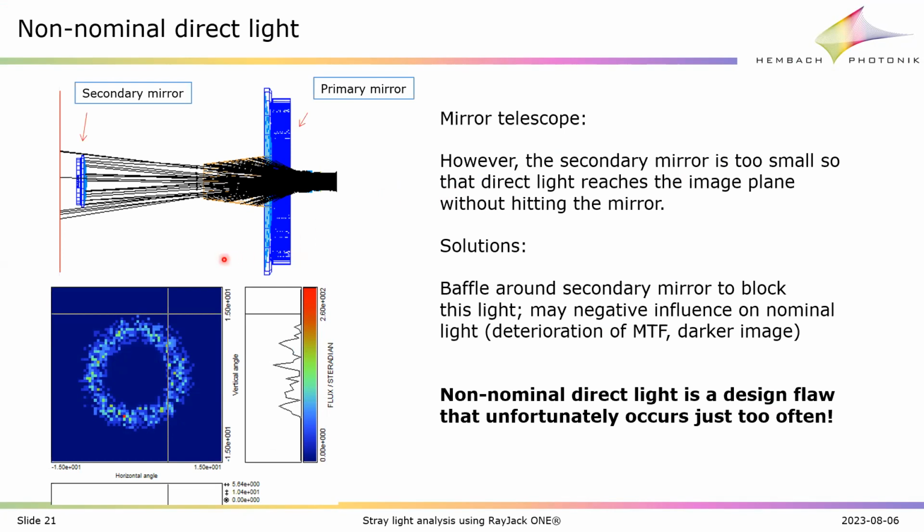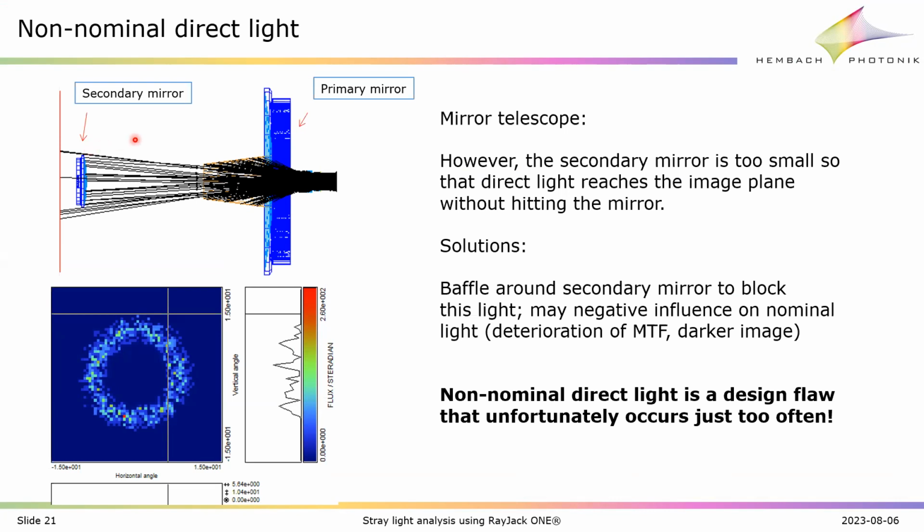Here's an example of a mirror system. Here we have the primary mirror, and here we have the secondary mirror. In this case, we found that when we start from the detector, not all rays sent out from the detector will really hit the secondary mirror. Some of them will bypass it, and this will create severe problems, of course, in the optical system.